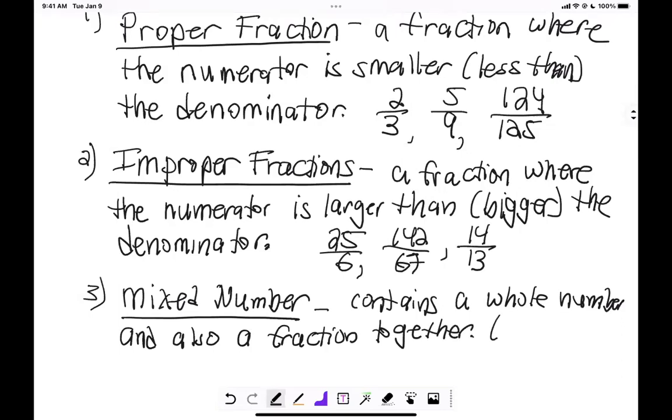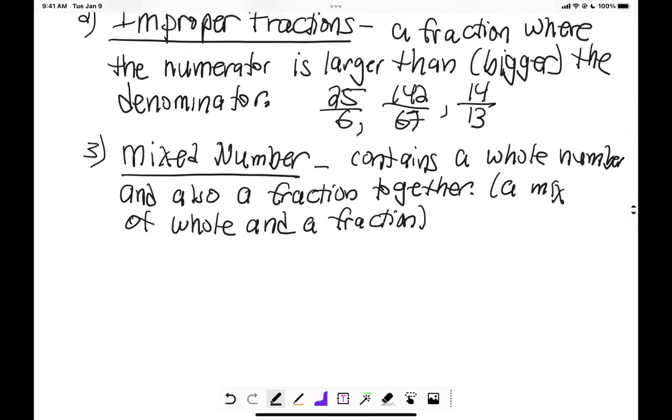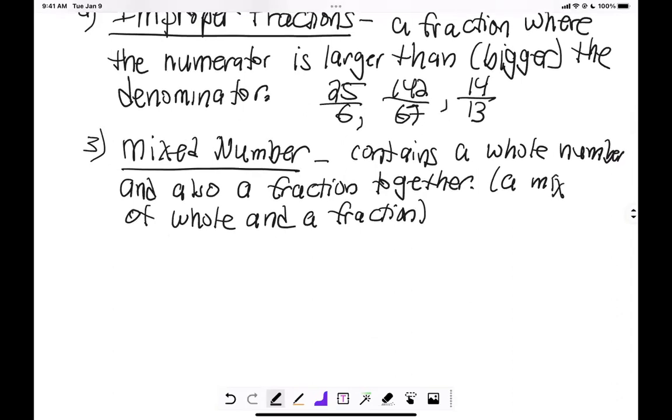You can think of it as a mix of whole and a fraction. That's really what it is. It's looking at a number as a mix of a whole. That's why it's called a mixed number. It's a mix of a whole and a fraction together. Actually, let me put that word together there. I like that better.